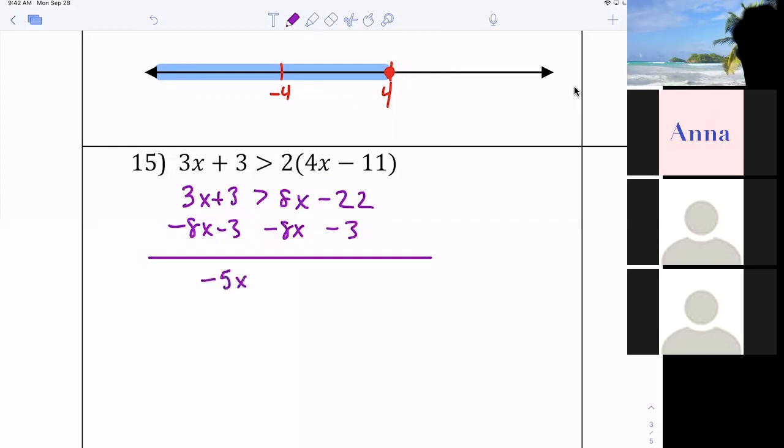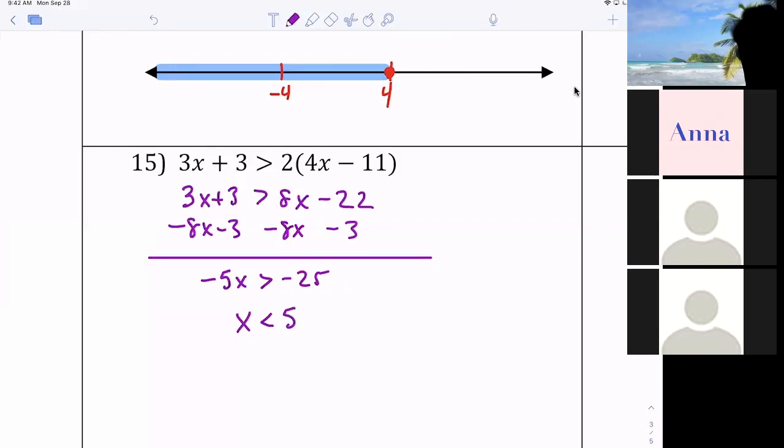Negative 5x is greater than negative 25. So x has to be what? Change the sign. Less than 5.